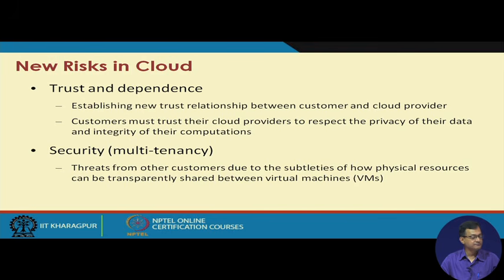The other thing is multi-tenancy, right. Threats from other customers, since they are residing on the same physical machines, and physical resources can be transparently shared. What is happening is that the virtual machine I have been allocated, on the same physical machine some other customers are also allocated.